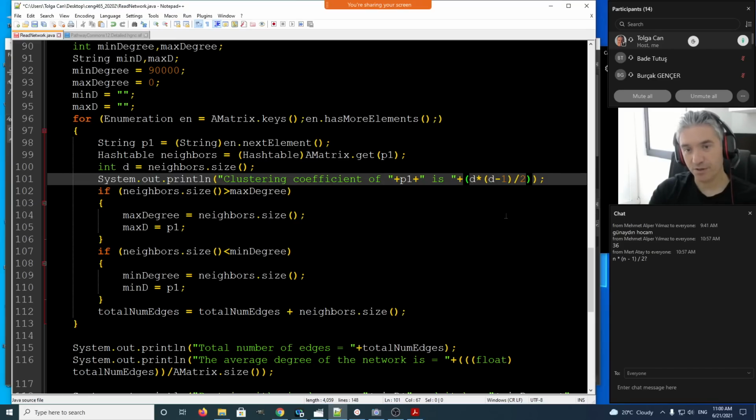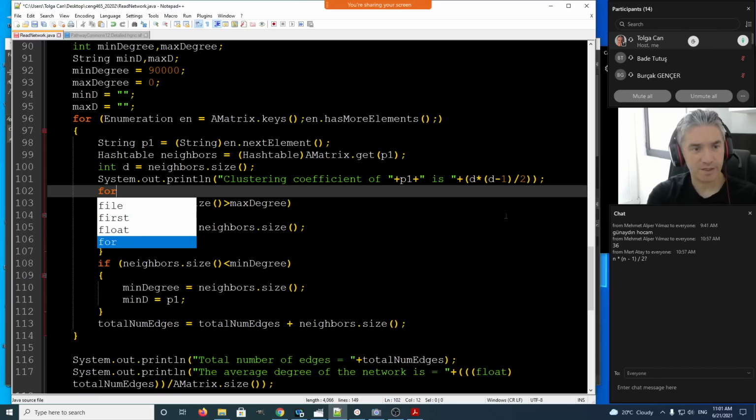Now, in order to figure out the n, I need to go over all of my neighbors one by one and see whether they're connected. So how are you going to do that? Let's try to compute the clustering coefficient.